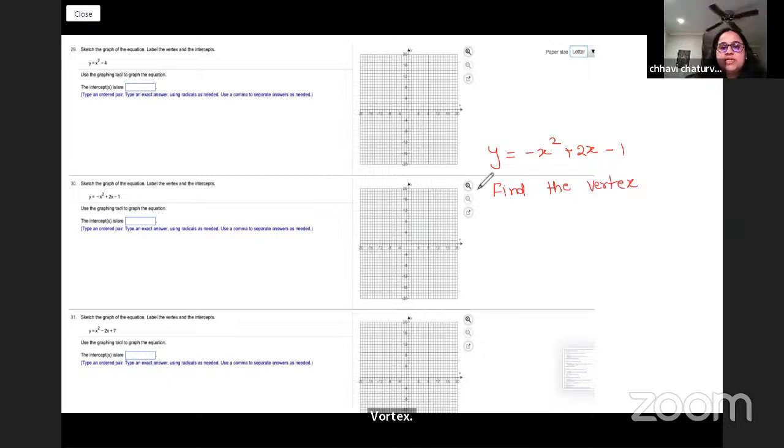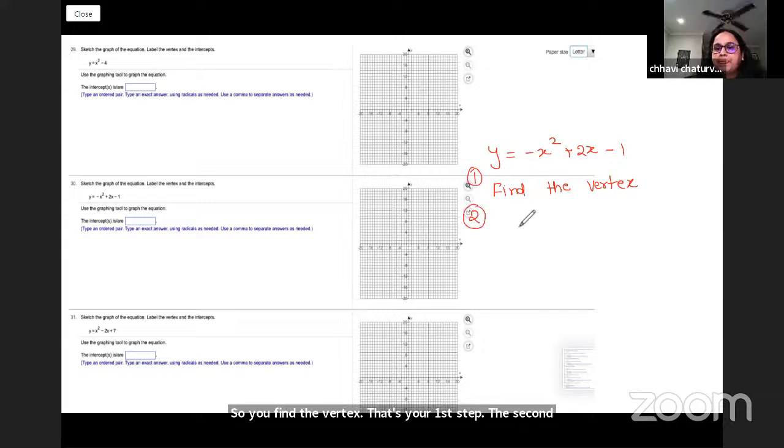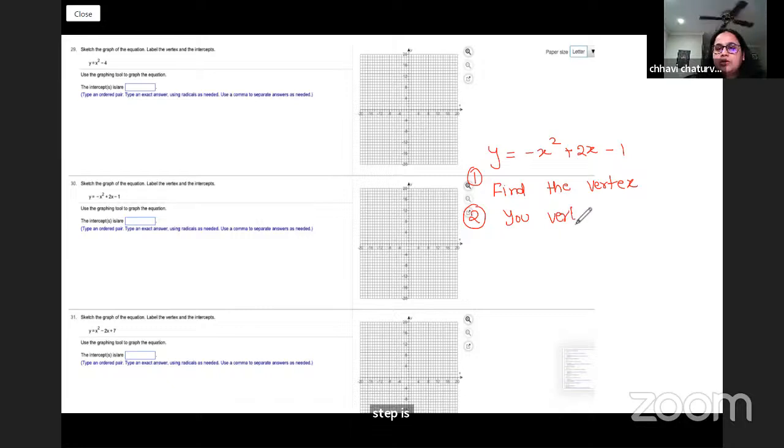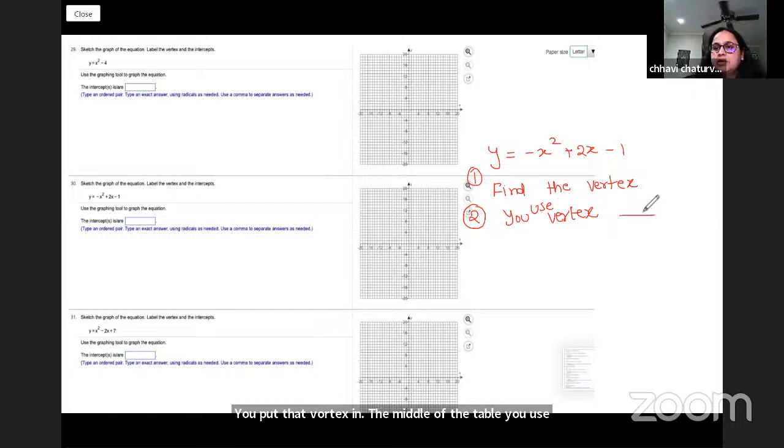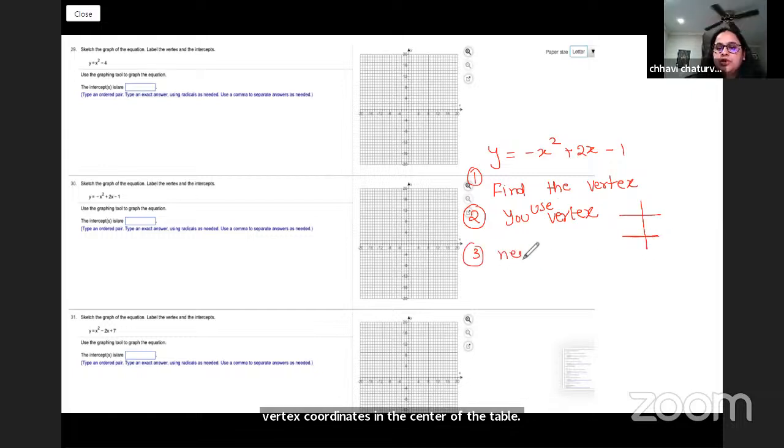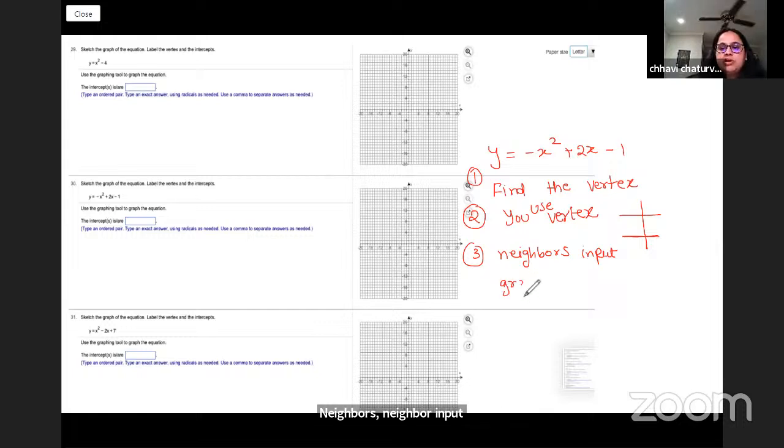That's your first step. The second step is you put that vertex in the middle of the table. You use the vertex coordinates in the center of the table, and then you choose the neighboring input points, and then you find a few points and then you graph it.